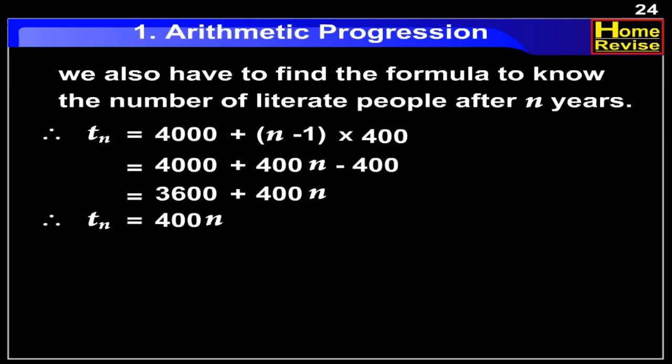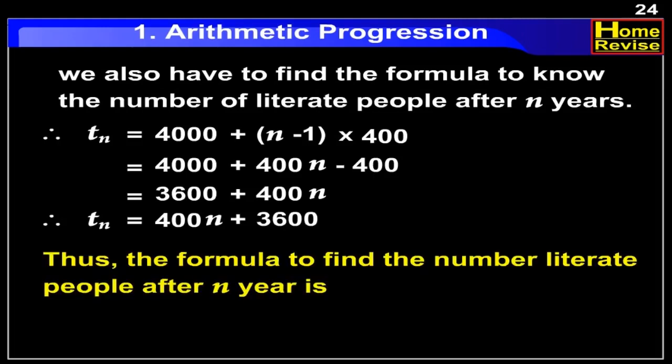Therefore, Tn is equal to 400n plus 3,600. Thus, the formula to find the number of literate people after n years is Tn is equal to 400n plus 3,600.